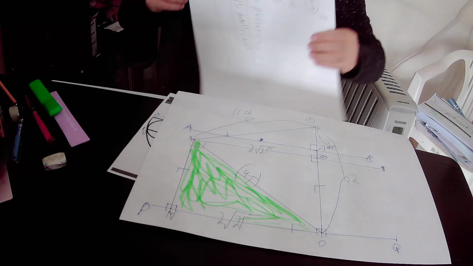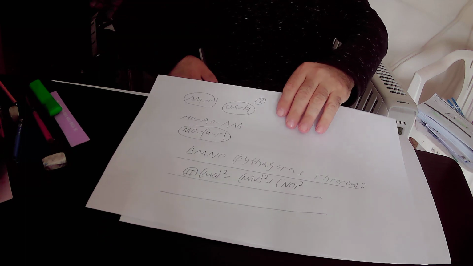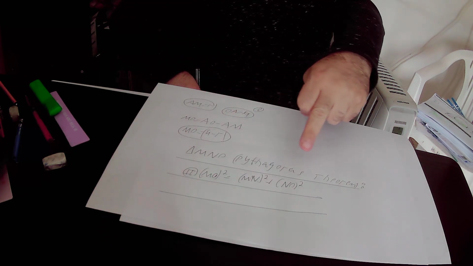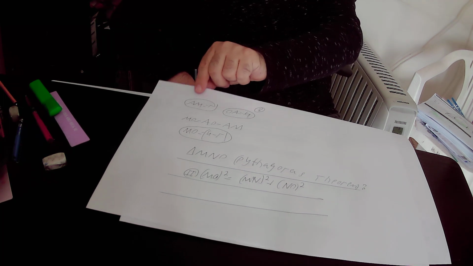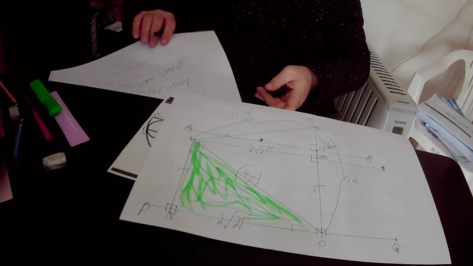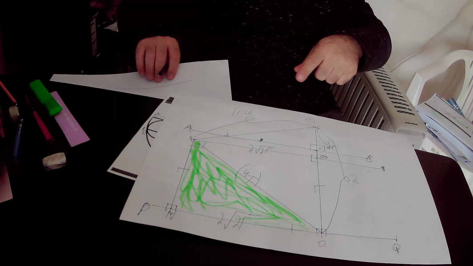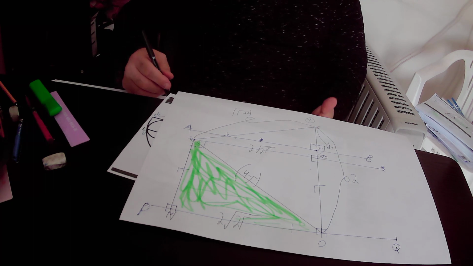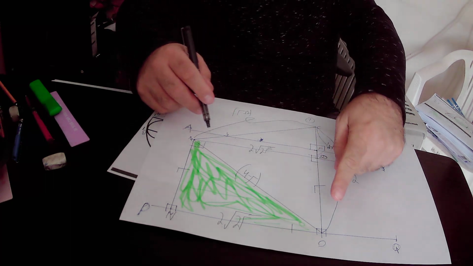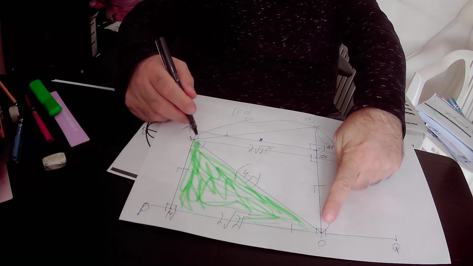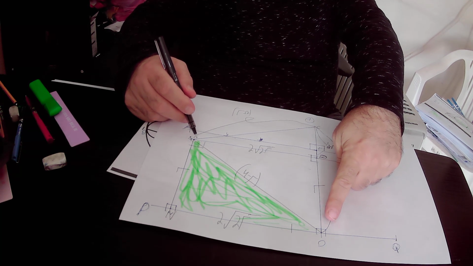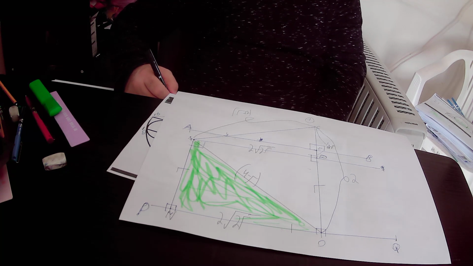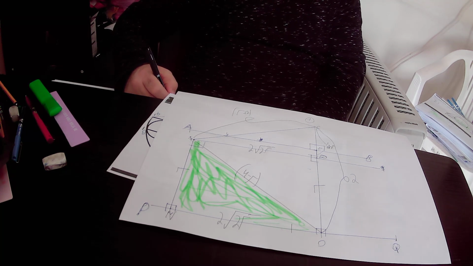So, in the green right triangle MNO, according to the Pythagoras theorem, MO square equals MN square plus NO square. But we have already found out that MO equals 4 minus R. So if MO equals 4 minus R, then MO squared will be equal to 4 minus R squared.